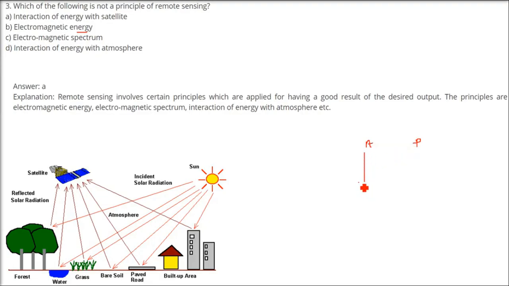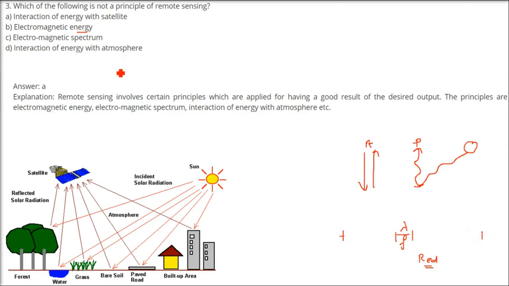Even if you take active or passive, it has to send and receive, or passive has to receive, some form of energy so that it can sense and image. Then the electromagnetic spectrum has different parts. Some sensors or satellites image in infrared, some in visible light, some in a different range.